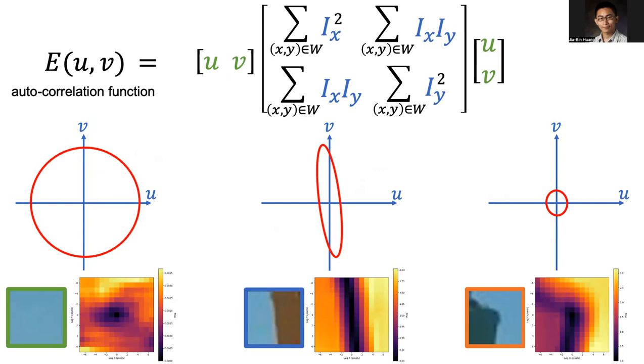I need to move a large range to reach the error, which means the error curve is very flat. That also translates to it's not a good thing to track. On the other side, if I move u and v along the x direction, it's pretty sensitive.